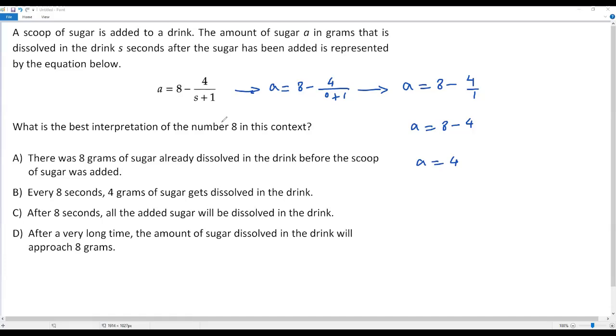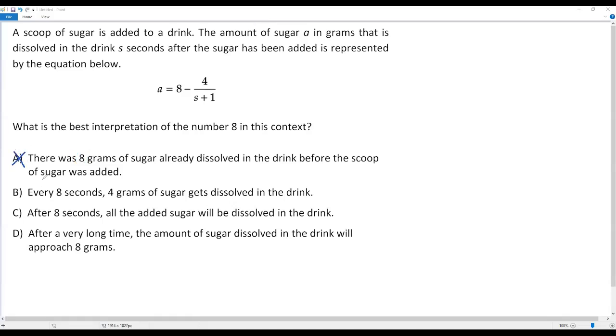That is, before the scoop of sugar is added to the drink, there were 4 grams of sugar already dissolved. But answer choice A says there were 8 grams, so this is incorrect. Let's reject answer choice A.